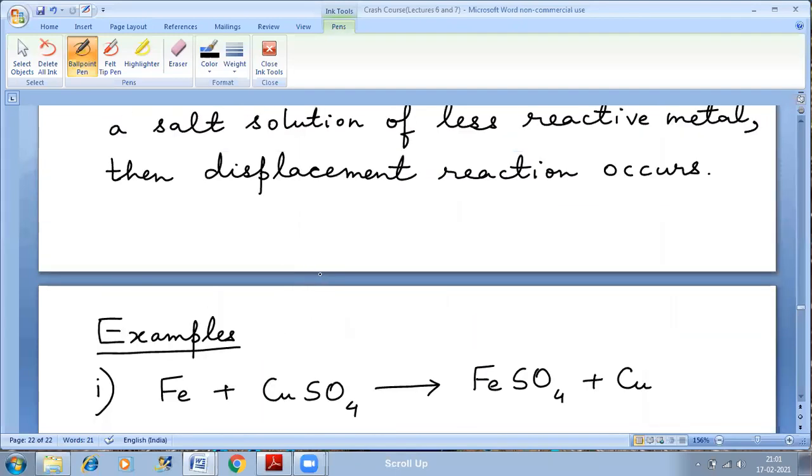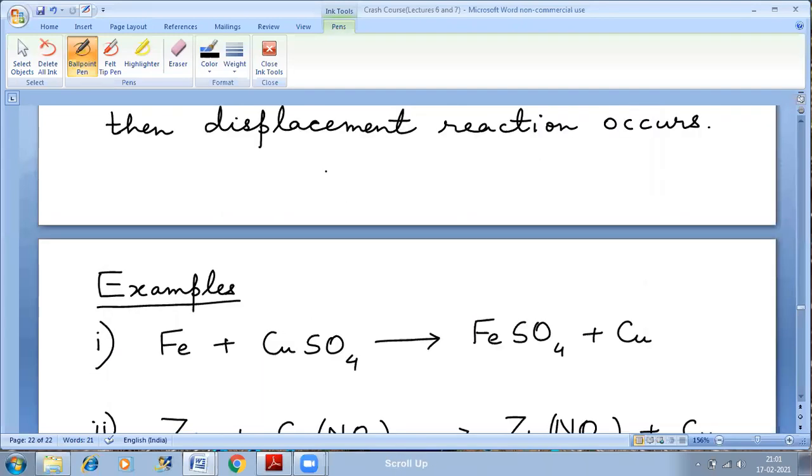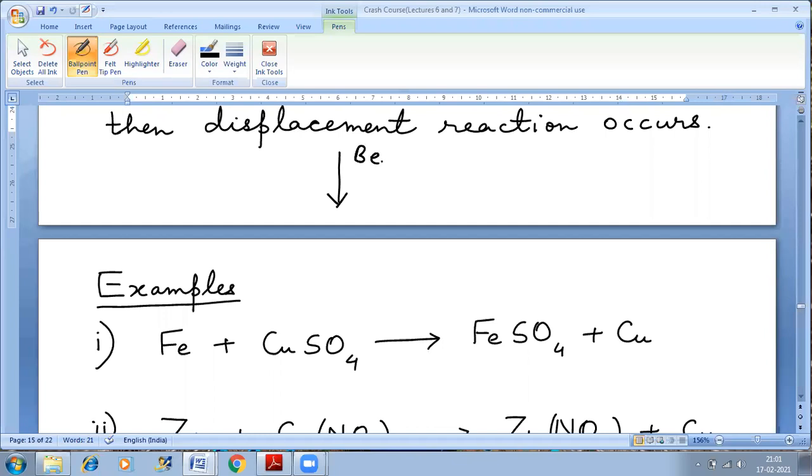If I have any metal of group 2, so barium is a metal of group 2. As you go down the group, from beryllium till barium, the reactivity increases.